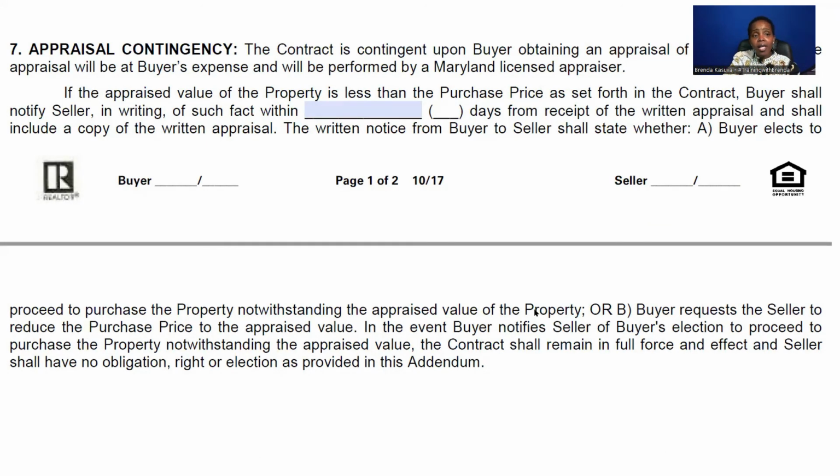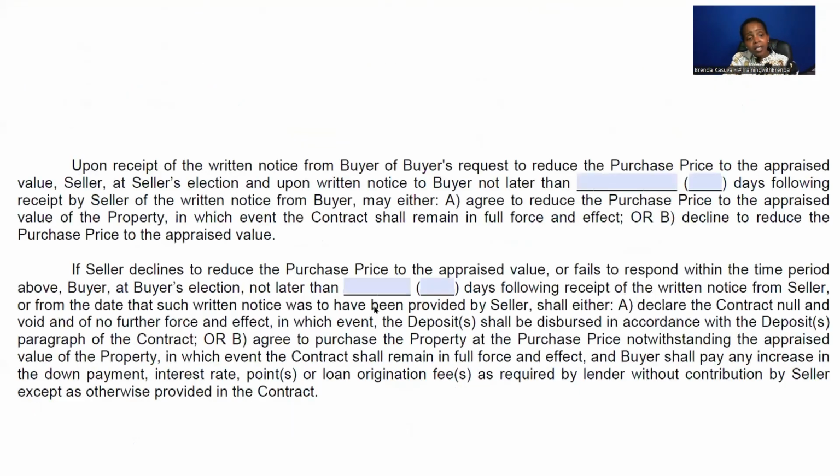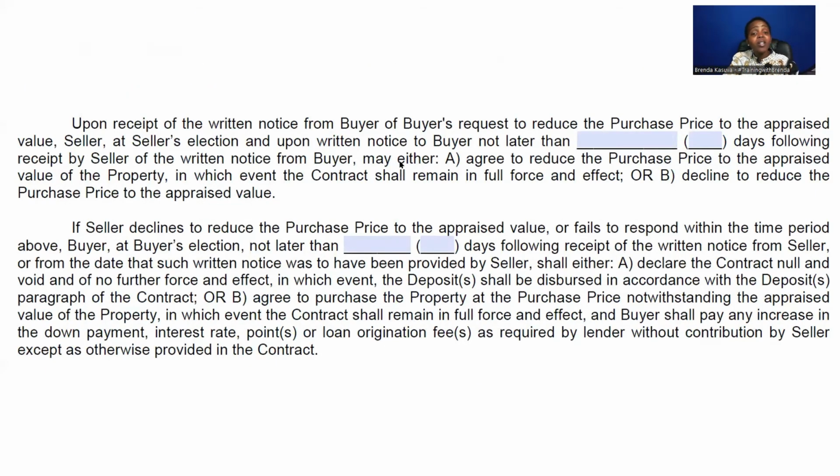How much time are you giving the seller a heads up that it didn't appraise, or we now need some lender repairs? Then the seller is going to respond, sharing what they're going to do. Otherwise, if they're not going to get along, then the parties have the opportunity to cancel the contract, and then we tackle the deposit separately.